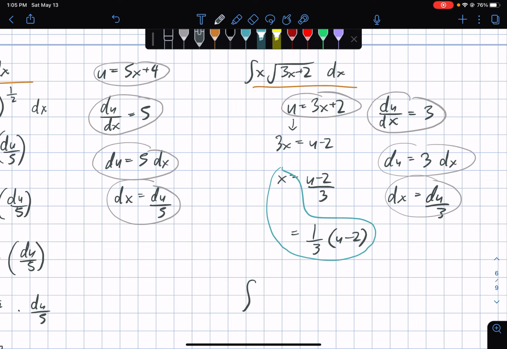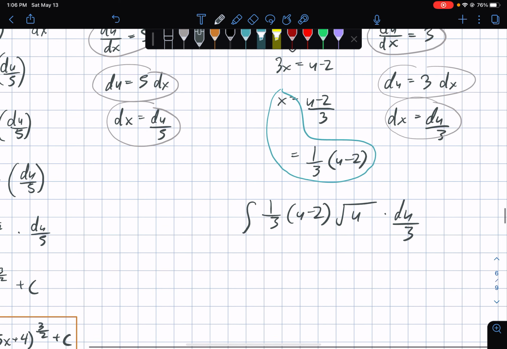Okay, so x will be 1/3 times the quantity u minus 2. And then dx, you sub dx with what it's equal to, which is du over 3.